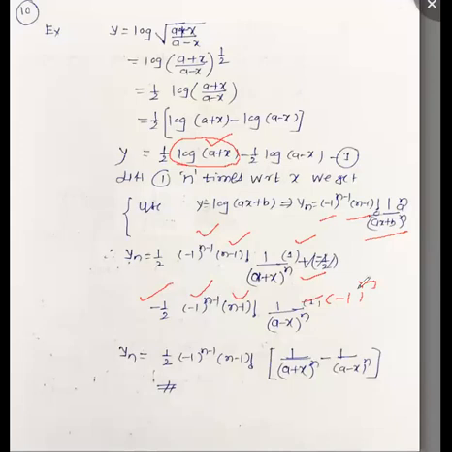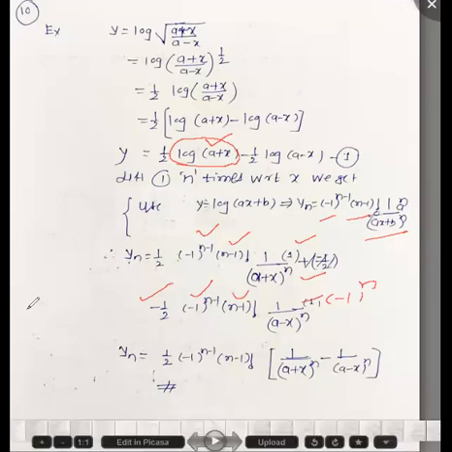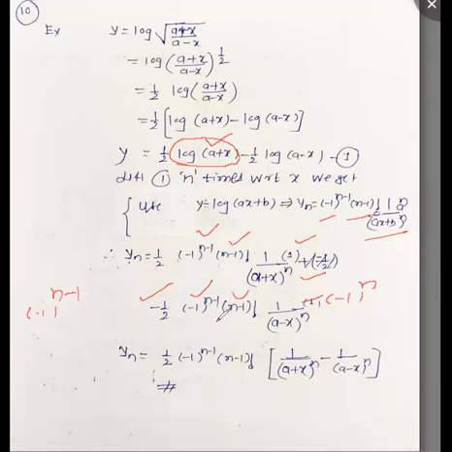Now minus 1 raised to n, minus 1 raised to n, you can add these two. We get twice n. This is minus 1 raised to n minus 1, and this is plus n.